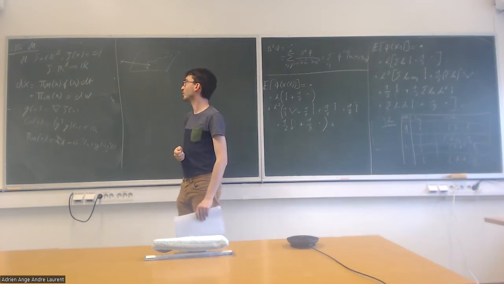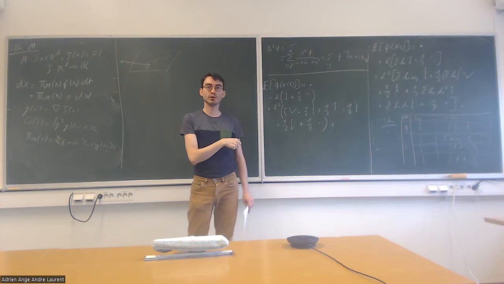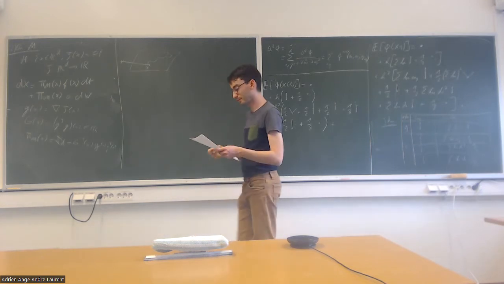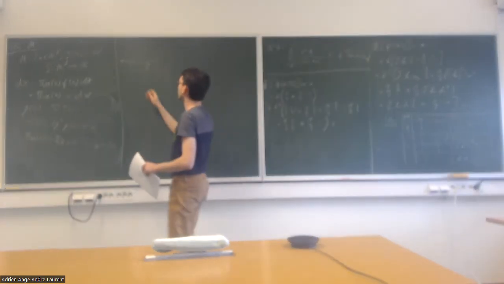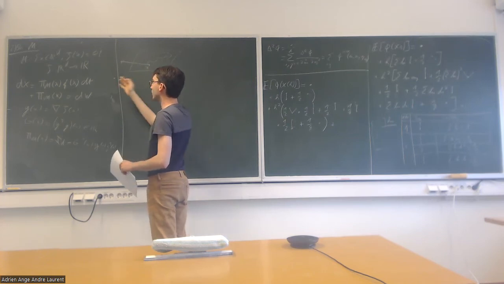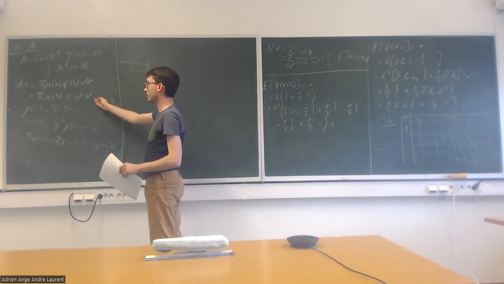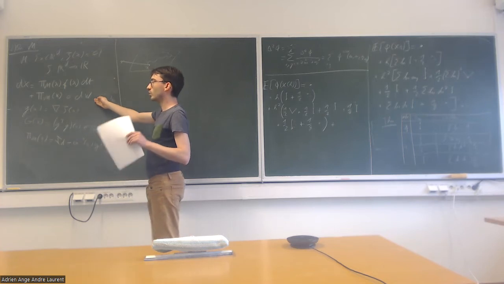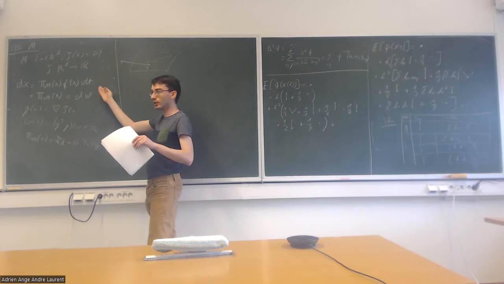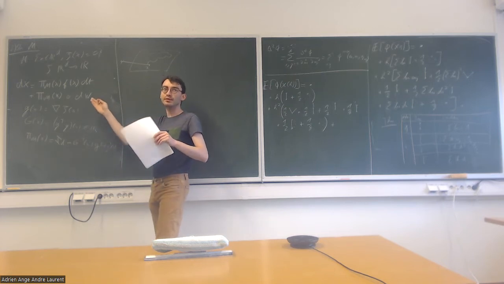The previous theory that I did in the previous hour is useless because we have to stay on the manifold. So what we did before doesn't work. Even if we discretize this thing, it's almost sure that the new step will not lie on the manifold. So we have to be clever about this.